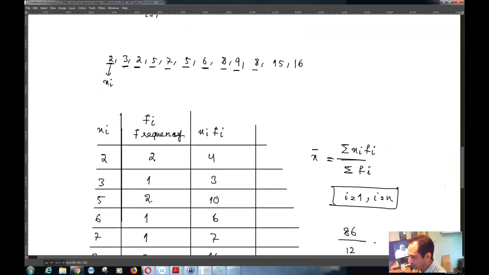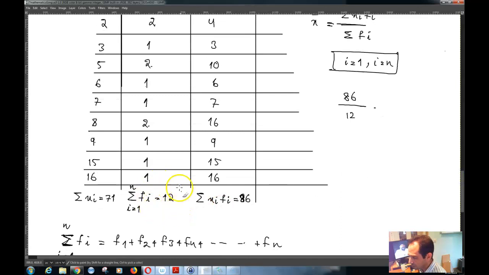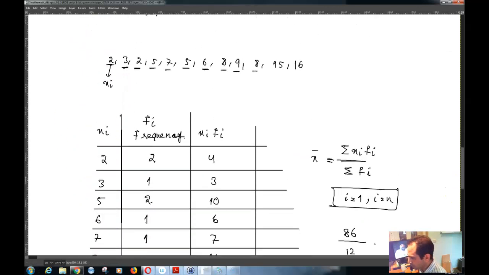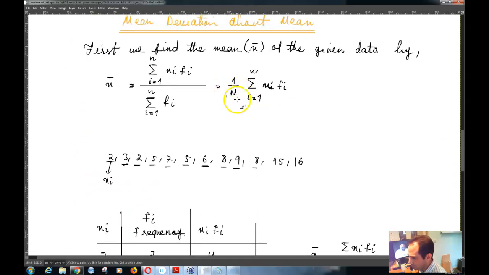That's the same thing as the total number of times that all of these occur, which they have called n. This is in the denominator. Then they have written the sigma x i f i as i goes from 1 to n of x i f i, and that's basically why the x bar is equal to this thing over here.